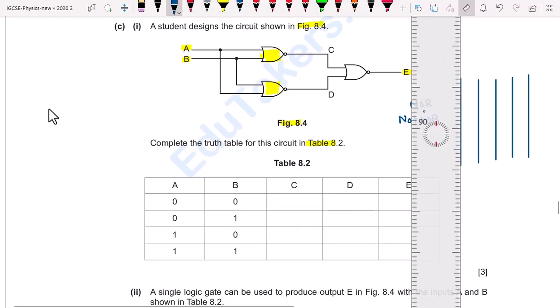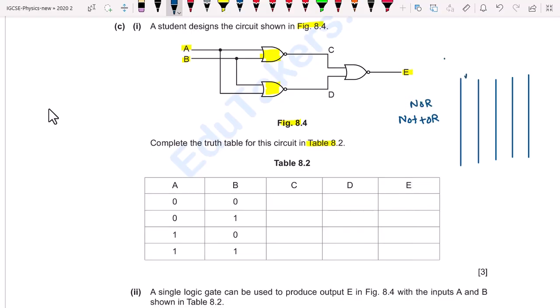If you consider two inputs A and B and I apply an OR gate, then it will be A or B. So the inputs are 0, 0, 0, 1, 1, 0 and 1, 1.